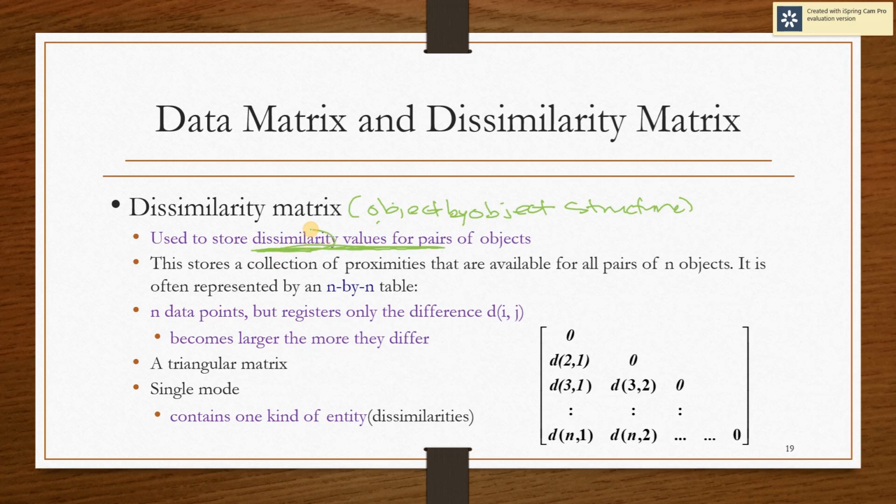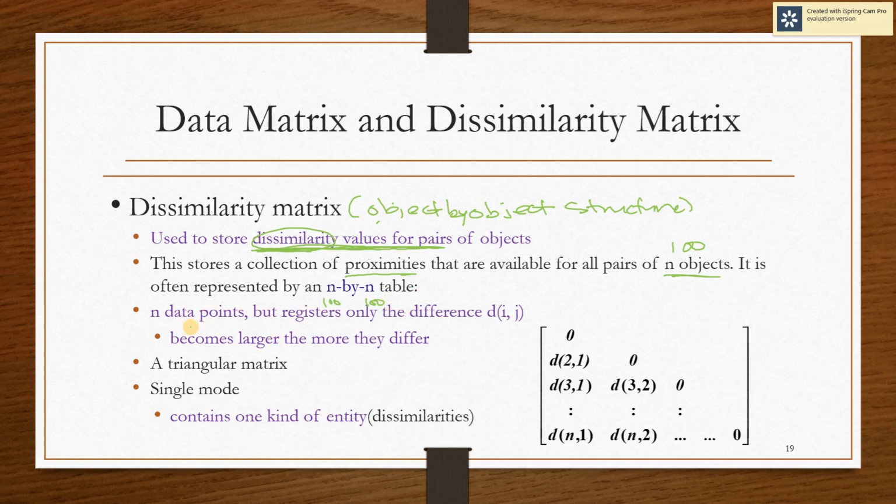Dissimilarities, or how unrelated those two objects are. It is also represented in an n by n table, and this stores a collection of proximities that are available for all pairs of objects. For example, we have 100 objects, so it will store pairs of those 100 objects, n by n, so 100 by 100. Each object will be compared versus another object.